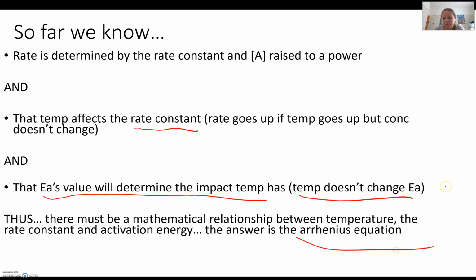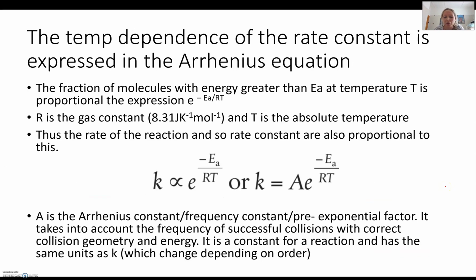And there is. And the answer is the Arrhenius equation, which is given to you in your resource book. Okay? So we can look at this equation and work out the rate constant from this equation, pretty much. So what we say is that the fraction of molecules which have the energy greater than EA, so they can have a successful collision at a certain temperature, is proportional to this.